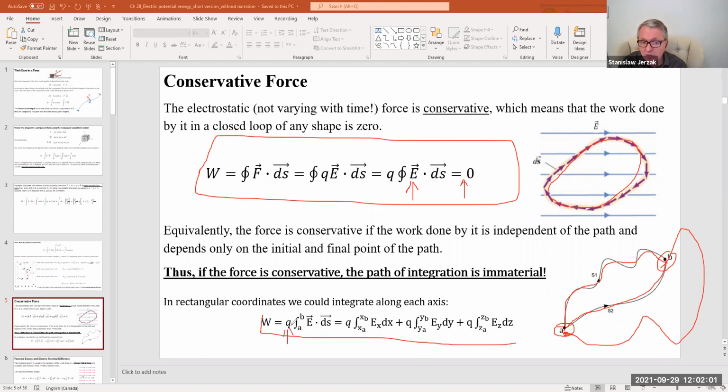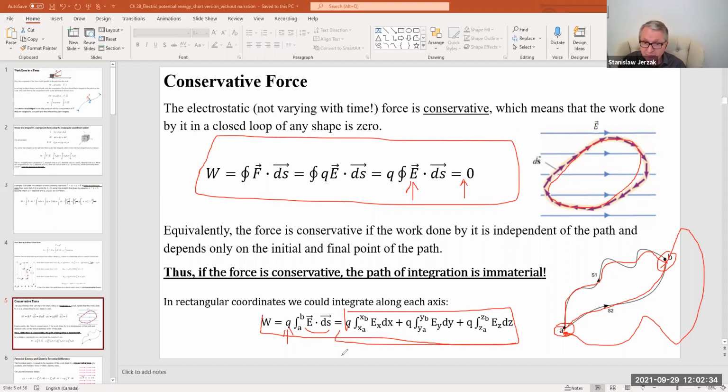If that charge Q is moved from A to B, then the electric force, equal to Q times E, will act, and the work will be independent of the path, which means that I can always replace this dot product as Ex dx, Ey dy, Ez dz, and integrate from initial X coordinate to final, initial Y to final, like I explained on the previous slide.